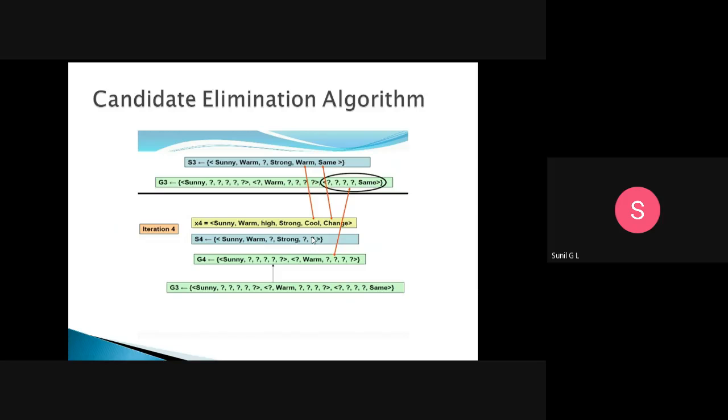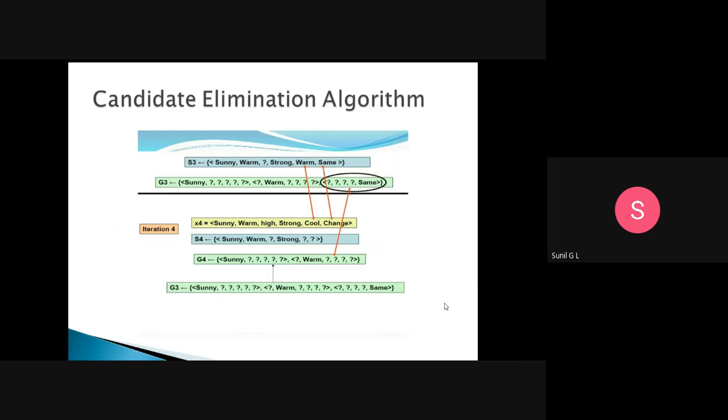For general and specific hypotheses, the values present in one hypothesis should not conflict. Here sunny and warm are the same in the specific positions, but in the last position we have a question mark. In the general hypothesis we have specific values, and in the specific hypothesis we will have a general value. So we need to remove this hypothesis from the general hypothesis G3.